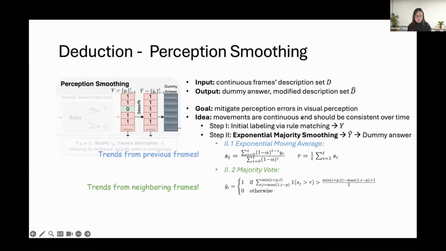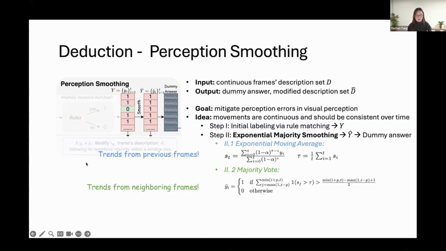And the second step is to do a majority vote. So we look at a window centered around the current frame with a padding size P. Within this window, we consider the neighboring values and determine the final smooth prediction based on whether the majority of these values are above or below a certain threshold.